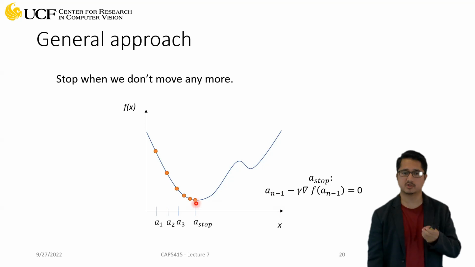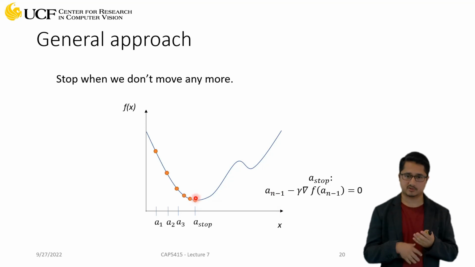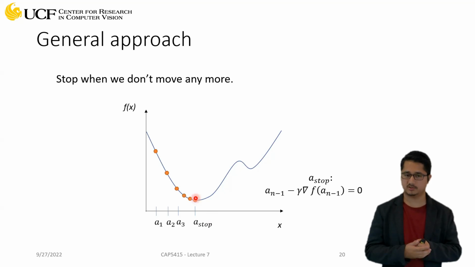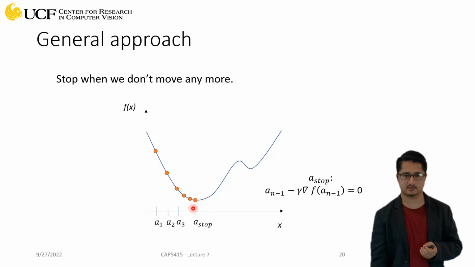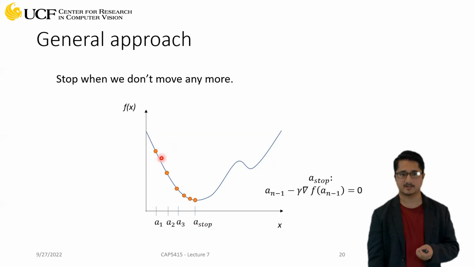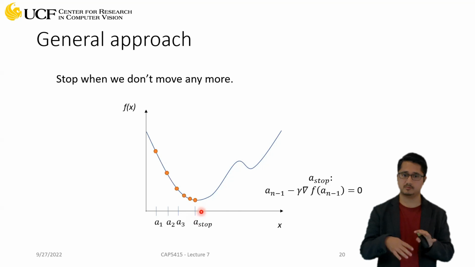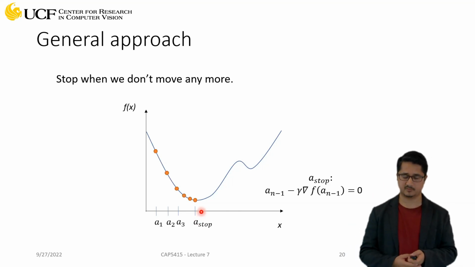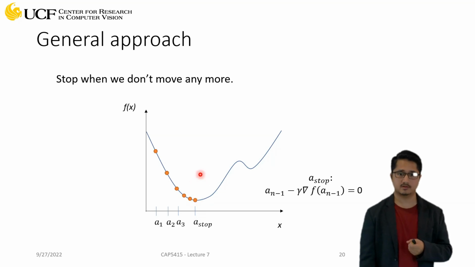Therefore, when you reach a point where your value is actually not changing, it means you are in the target location. In this case, it's the minima here, and that's what we want. So we wanted to find this value, a star, and that's how gradient descent helps you find this value. And again, this is one dimensional, but you can easily generalize this to high dimensional space as well. So that's exactly how your network training works when you use gradient descent.